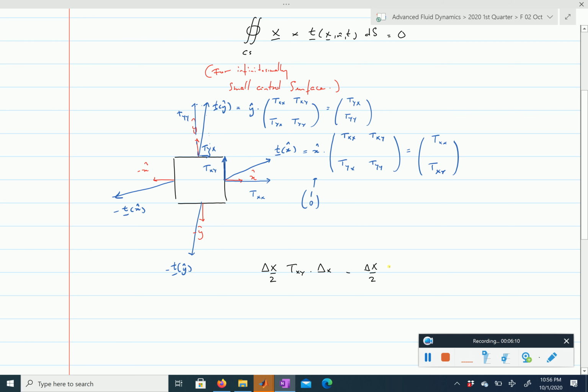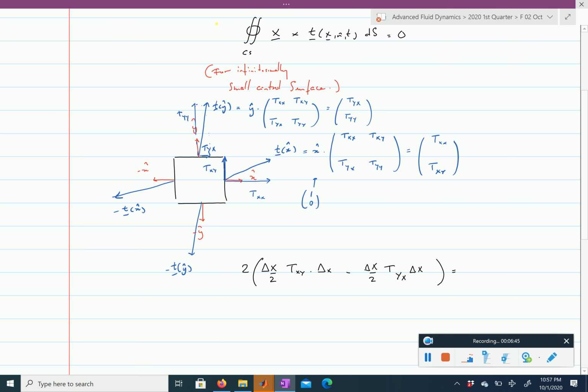So tyx is multiplied by the surface, which is still a delta x, since we assume we have a square. If we look at the other two surfaces, I'll let you do the math, but you see that they add the same term as this one, and that torque is again in the other direction and adds the same as here. So if we account for the two other surfaces, we get a factor of 2.